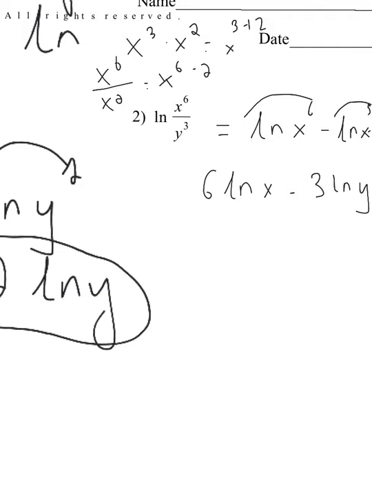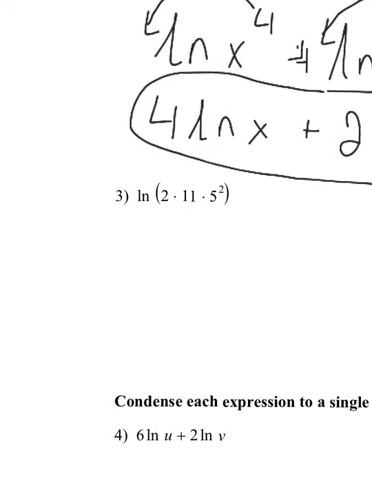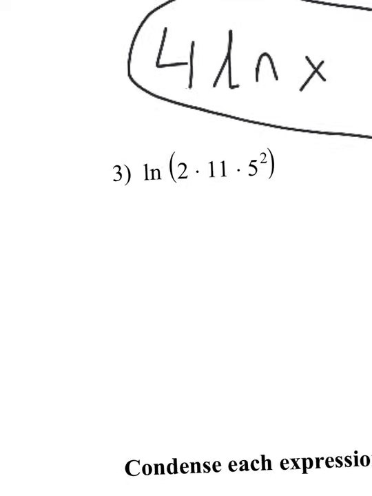So take a minute or two on your own, pause this video and try question 3. And after you're done, play the video and see if you did it correctly. Okay? So question number 3. Again, multiplication, so we will expand it and make it addition. So you get ln 2 plus ln 11 plus ln 5 squared.